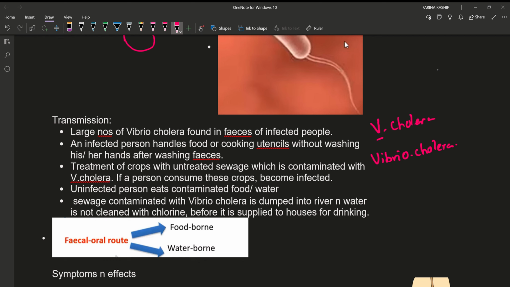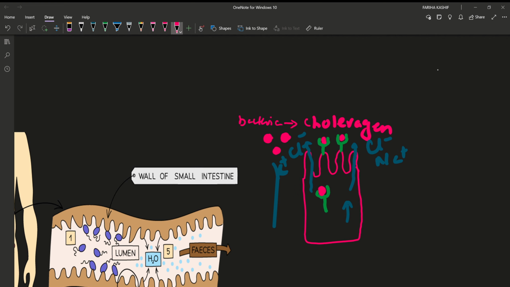Now let's suppose this is the toxin released, choleragen. We know that the wall of the small intestine is made up of epithelial cells. This is an epithelial cell which contains numerous microvilli. These microvilli contain receptor protein.